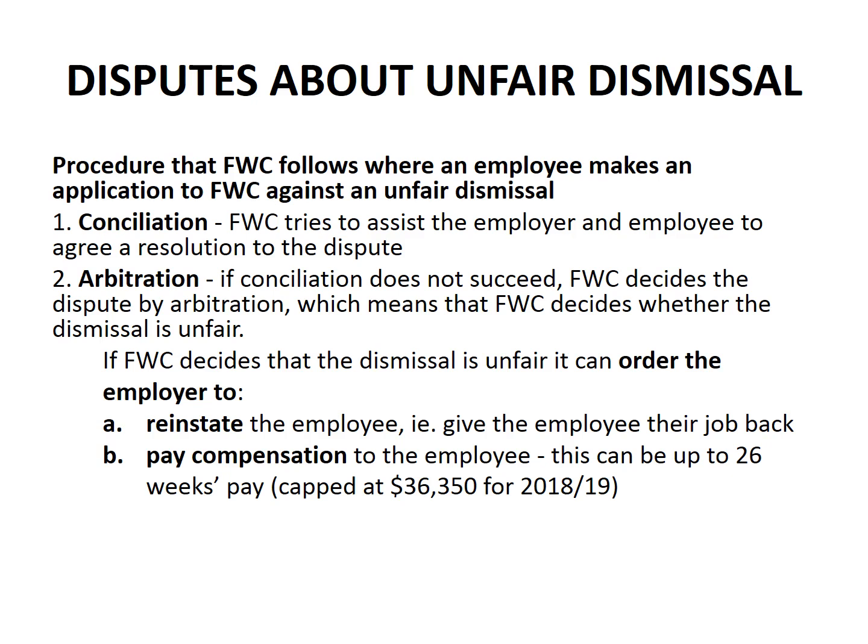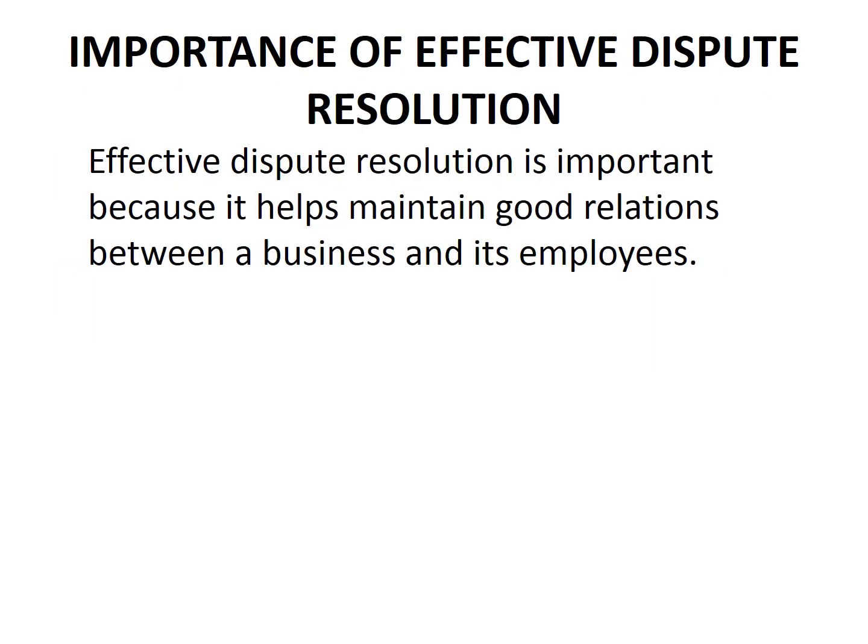The amount of this compensation can be up to 26 weeks' pay. However, this amount in turn is capped, and for the 2018-2019 financial year, this amount of compensation is capped at $36,350.